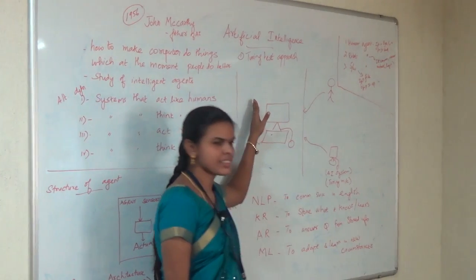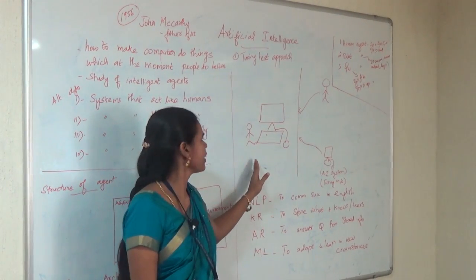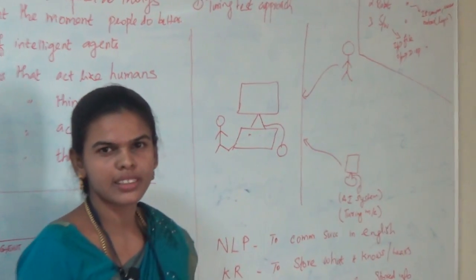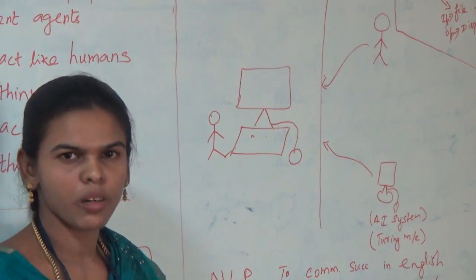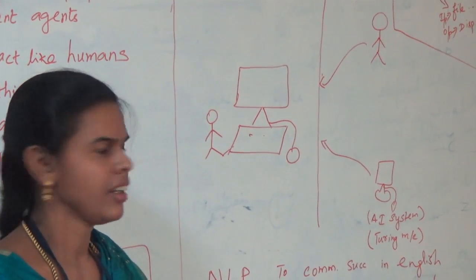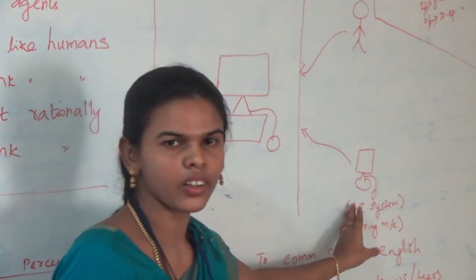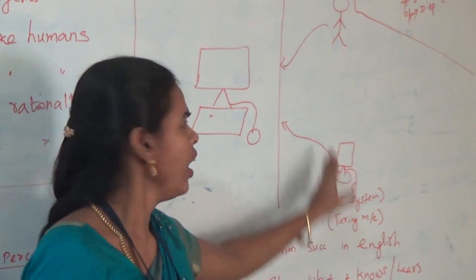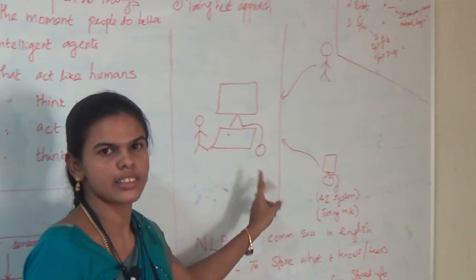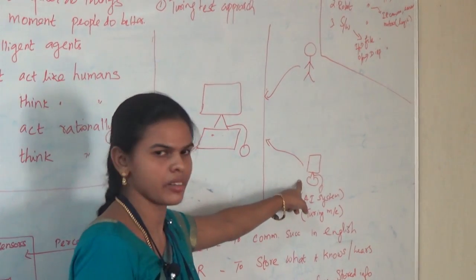So when we see this block diagram, there are 3 characters, that is 2 persons and 1 computer, and this computer has the AI concept in it. Let us assume this AI machine is the Turing machine, and the other 2 are human beings. So there are 2 persons and 1 non-living character.